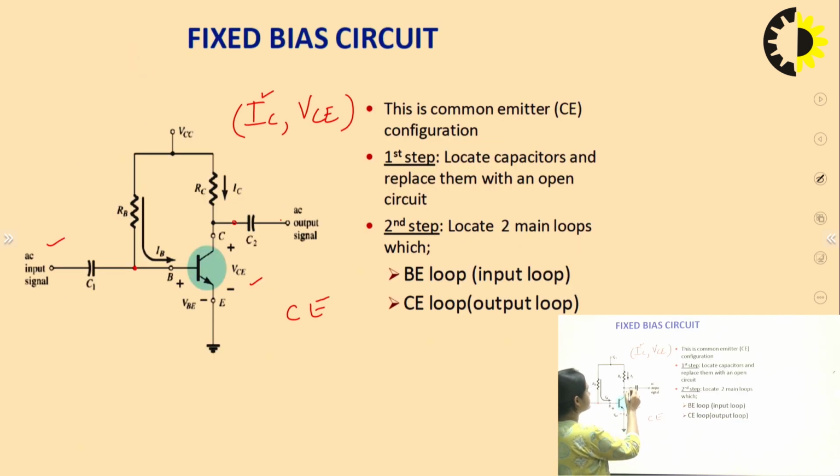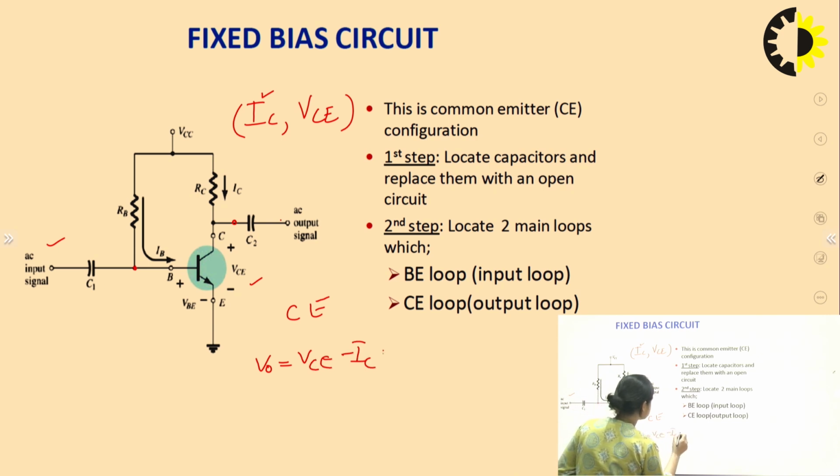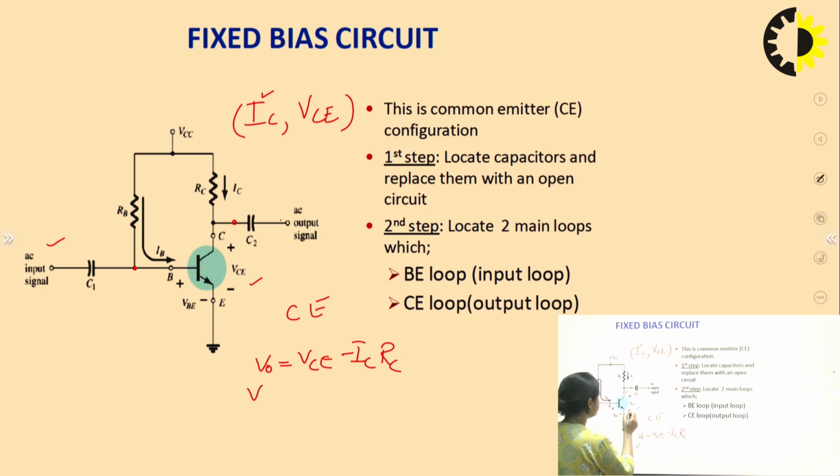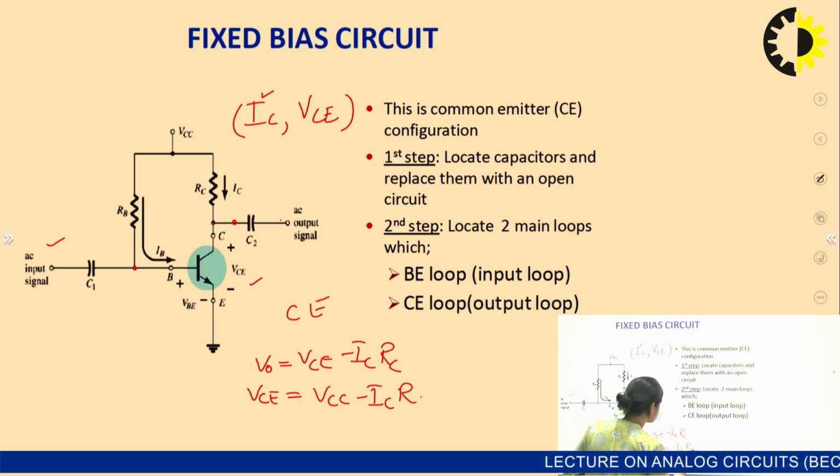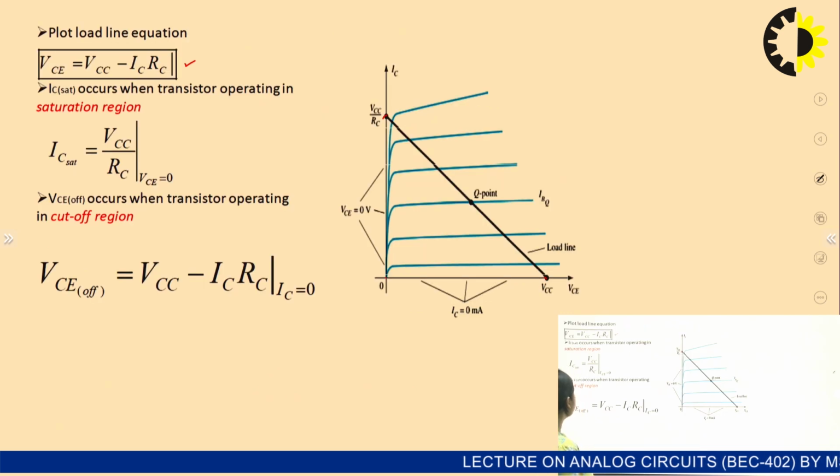Here I can write V output equals VCC minus ICRC, and V output is equivalent to VCE, because at the collector node we are taking the output and the emitter is at ground potential. So VCE equals VCC minus ICRC, and from this equation we can plot this graph.